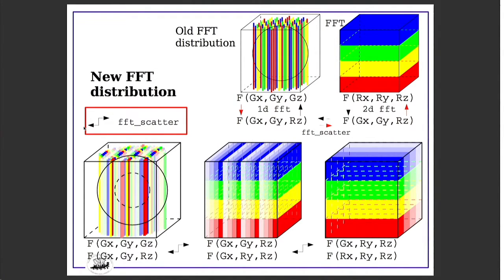So then, in the limit of very many processors, we can have basically one partial plane per processor, and this should allow us to scale to a larger number of processors. How do you do that? Well, in principle it's not difficult.